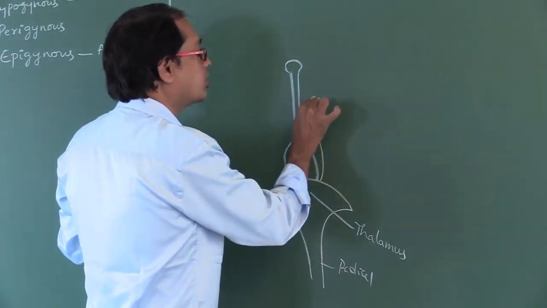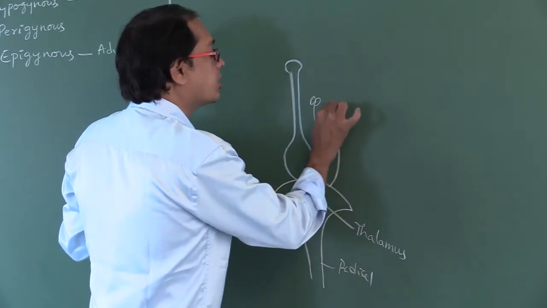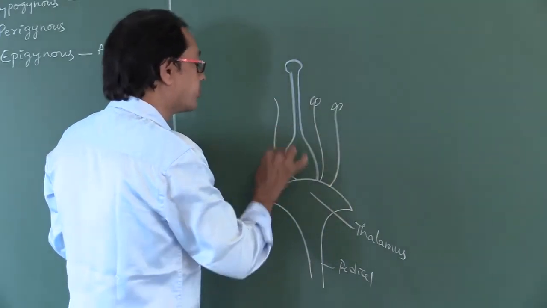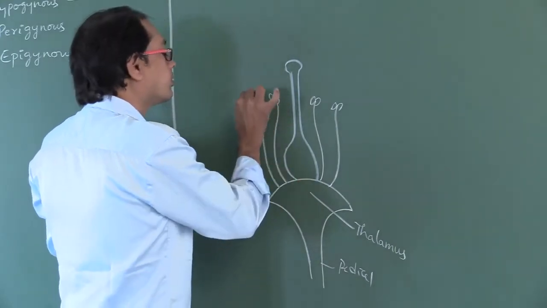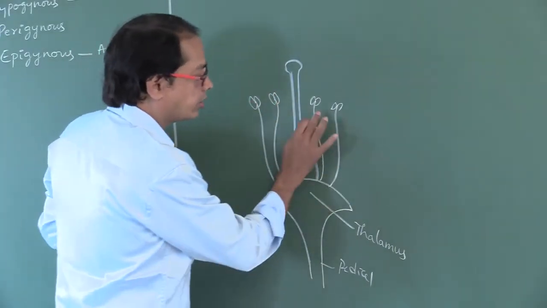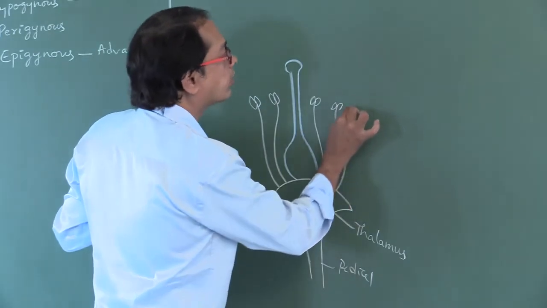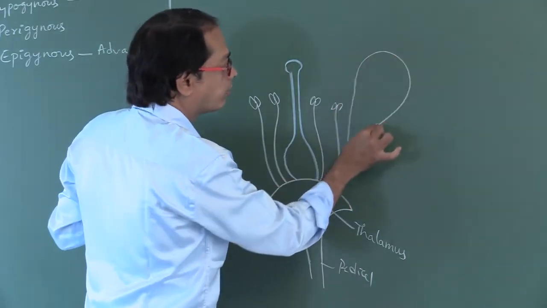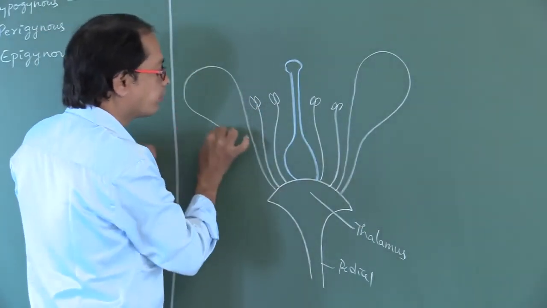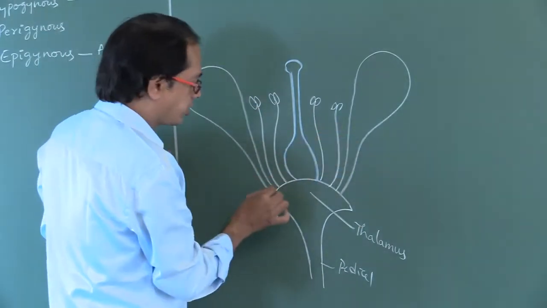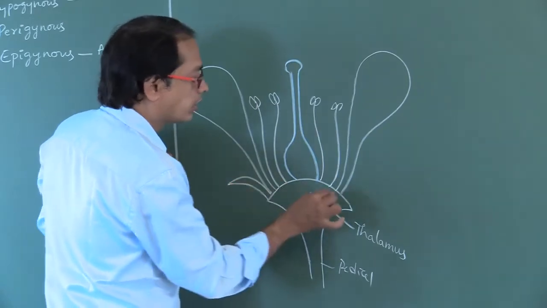that is, these are stamens, and petals, and this is the calyx.